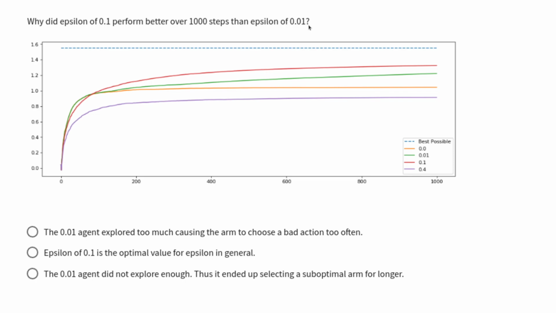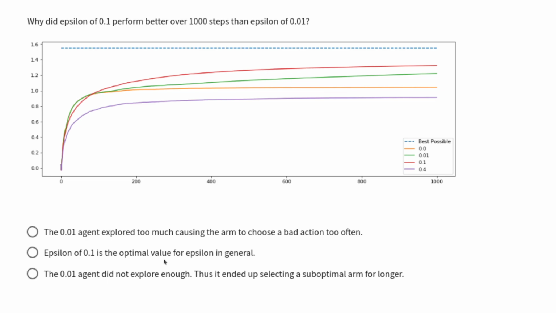It is saying that doing 10% exploration is better than 1% exploration. Why? This is the question. The first option says the agent doing 1% exploration explores too much. Do you think those doing 10% exploration explore more, not 1%, right? So this is not going to work. Another option says epsilon of 0.1 is the optimal value in general.